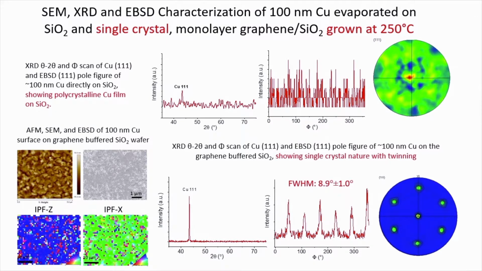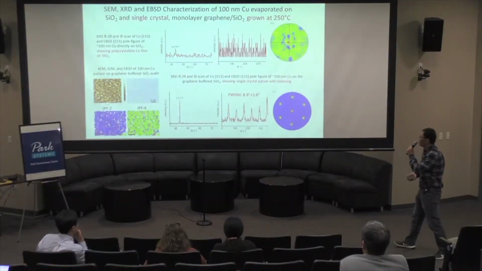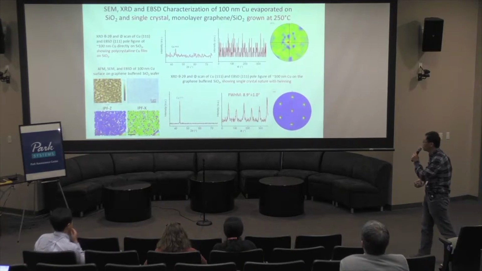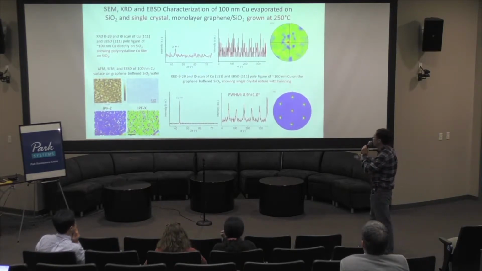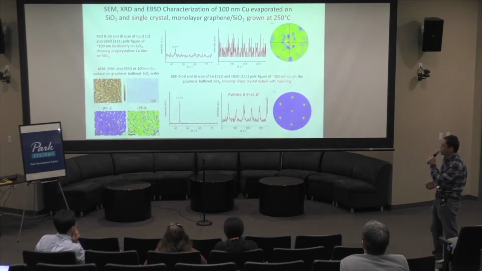In the corresponding copper 111 pole figure, there are six sharp, strong poles of copper 111. Copper is a cubic crystal structure with 3-fold symmetry, and here we have six poles, meaning that twin domains exist in this copper film.